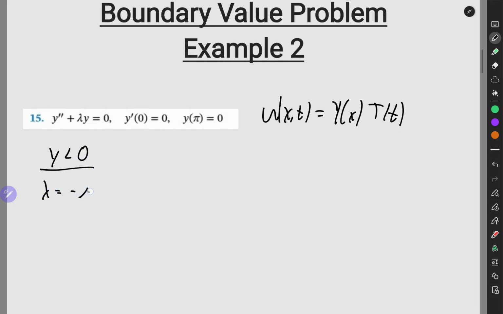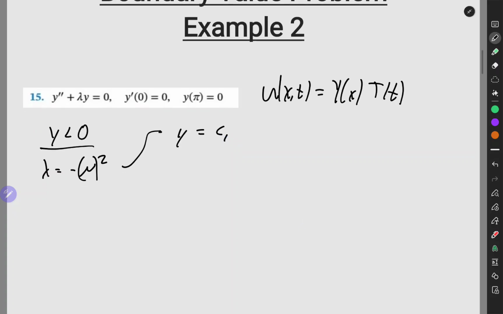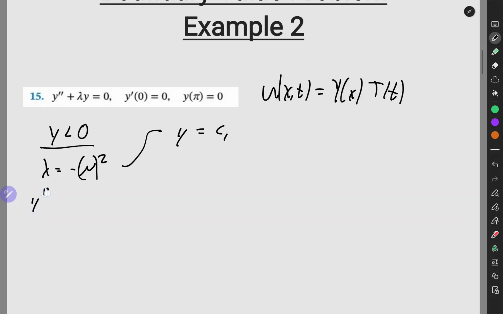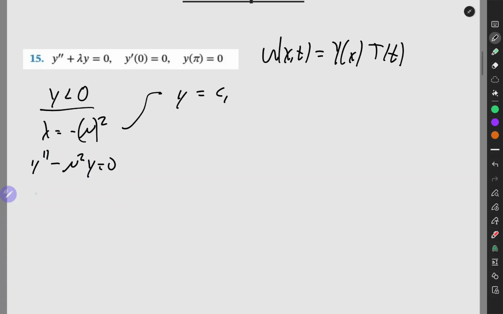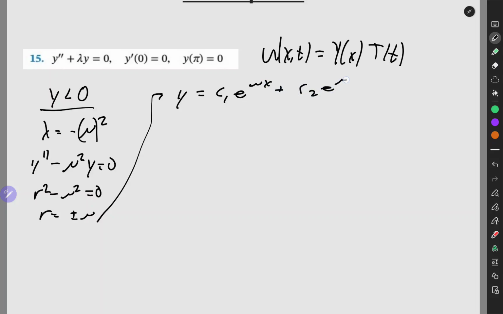Remember, lambda is going to be negative mu squared for that case. That would lead us to having... I know just from doing it, but I should write this out so you guys don't get confused. Solve the characteristic equation. The general solution is c1 e to the mu x plus c2 e to the negative mu x.